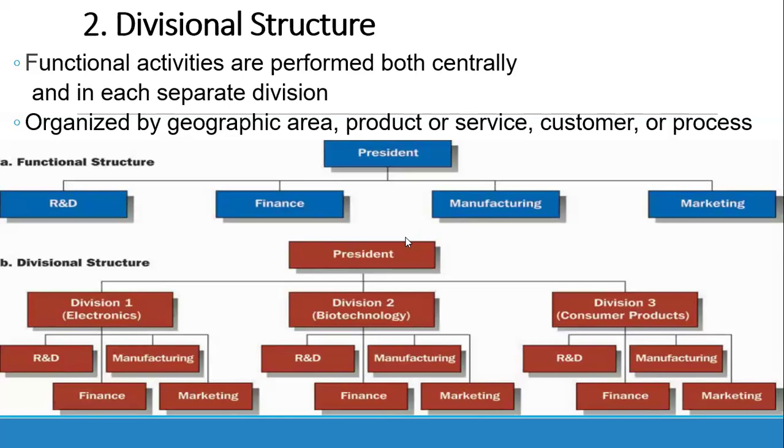And that makes practical sense because the processes one goes through to develop an electronic product, a biotechnology product, or a consumer-related product are different. However, their maintenance can be very, very costly, especially when one of them is not pulling their weight to make ends meet.